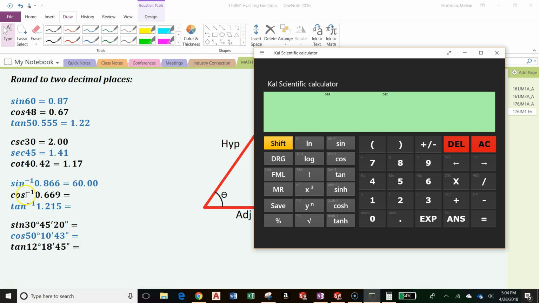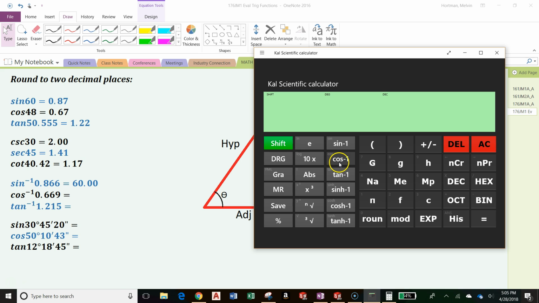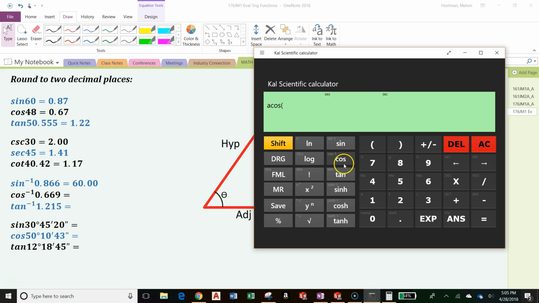So here we have the inverse cosine of 0.669. So I will press cosine twice, or press shift or the second key, and find the inverse cosine. And then I'll type in 0.669 and press equals.